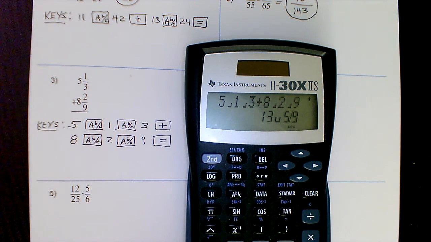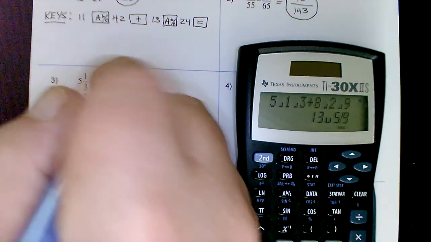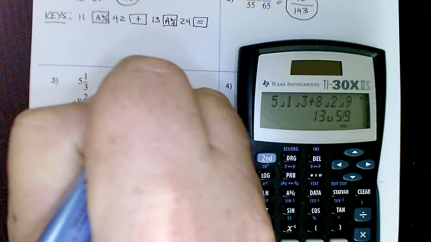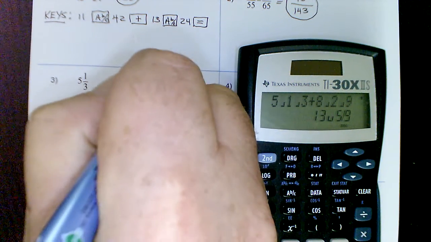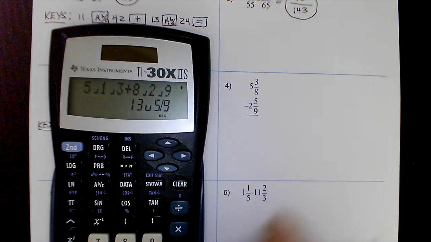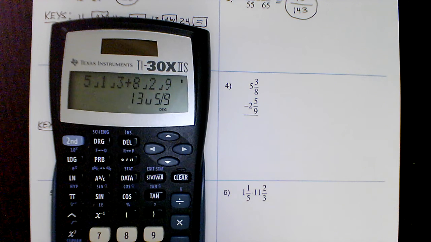Looks like it is, and that should give us the answer of 2. Again, the little u symbol separates the whole number part of 2 and the fractional part, which in this case is 59/72.